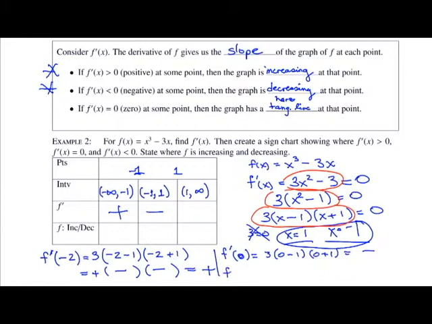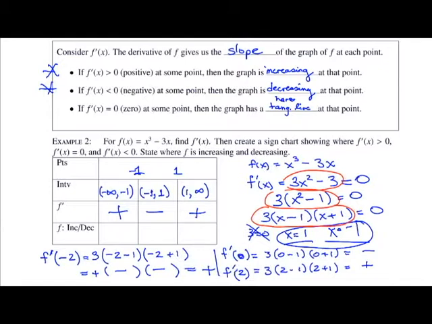And I need to pick a number from the third interval. I'll pick positive 2. And if you work all that out, you get a positive. As a reminder, the signs do not have to alternate. You can have two positives in a row. You can have two negatives in a row. This time it's just positive, negative, positive.